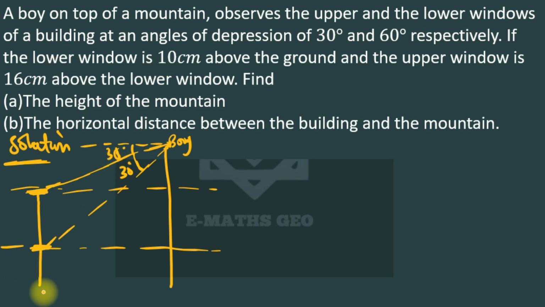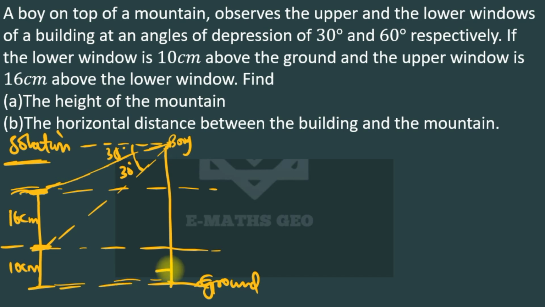So this is the ground. This is the ground. And they said the distance here is 10 cm, while the distance between the upper and the lower is 16. So we have a good diagram now.